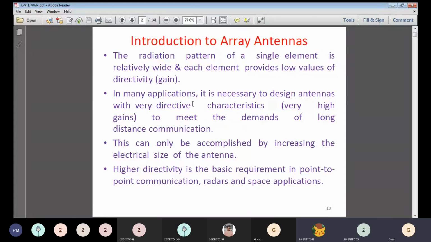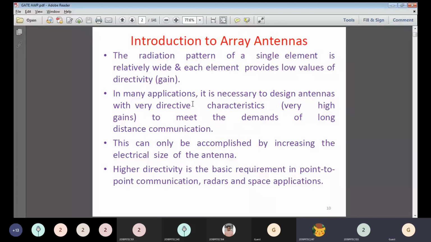I'll tell you. It's a system, keep in mind, a system of similar antennas oriented similarly to get greater directivity. Whatever antenna we take, it should have the maximum directivity and maximum gain. Then only the antenna is used for various applications and communication. Antenna gain and directivity should always be maximum when compared with the reference antenna.